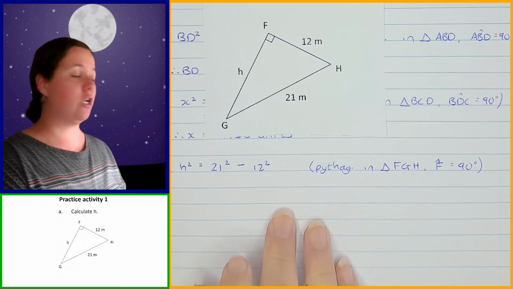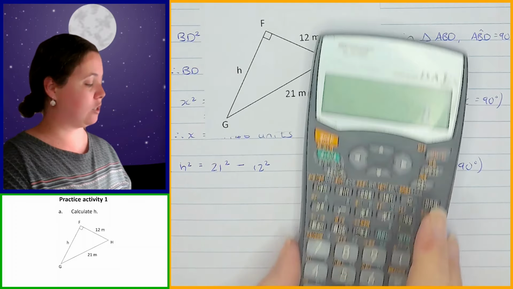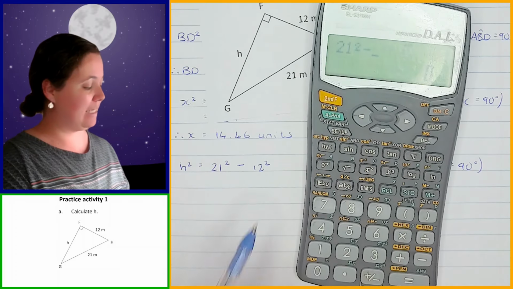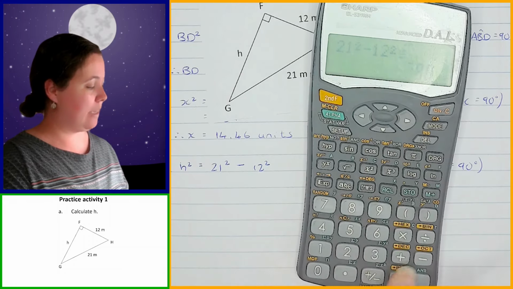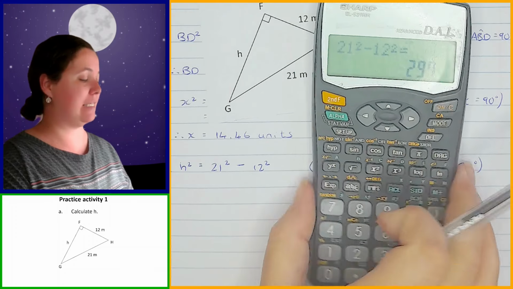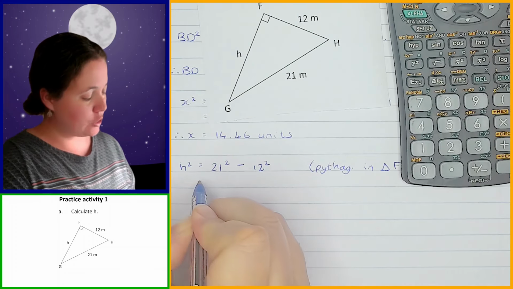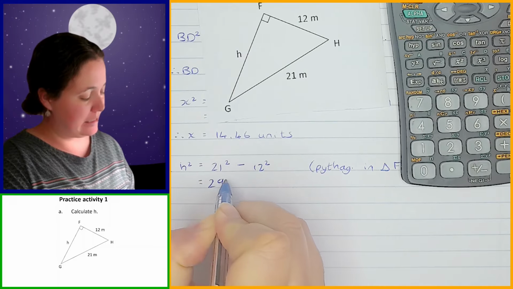Okay, so now we can go and work this out. So I have 21 squared minus 12 squared, and that gives me 297. So h squared is equal to 297.